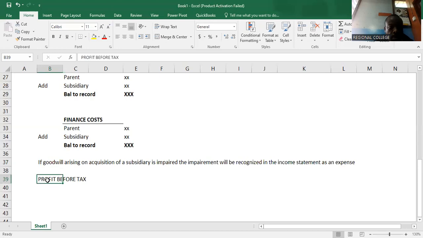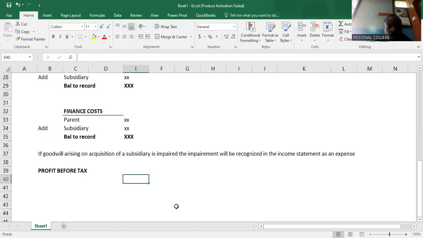Then after getting profit before tax, you are now going to the taxes to remove them. So how do you adjust the income taxes, both from the parent and the subsidiary?